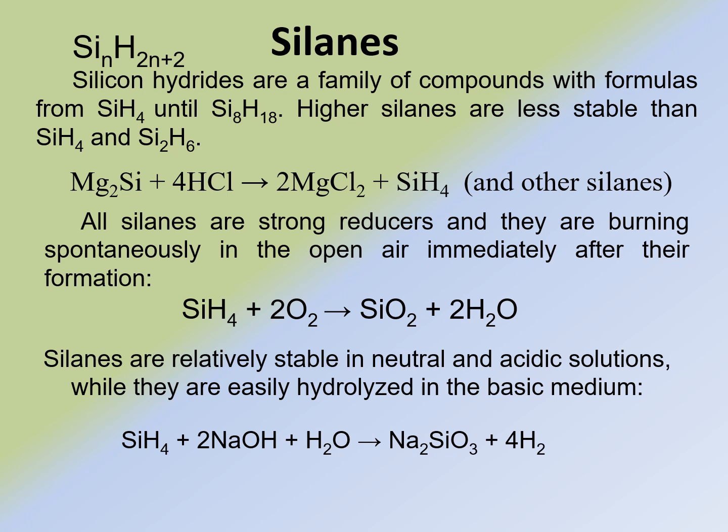Once SiH4 is formed, as you can see, it will be oxidized by the oxygen in the air, even at normal temperature. And don't forget that they can react with alkali, unlike compounds made of carbon and hydrogen. So they are much more reactive in this way.